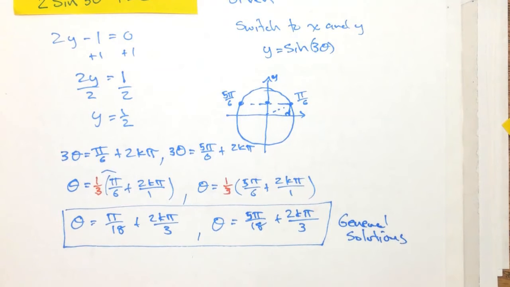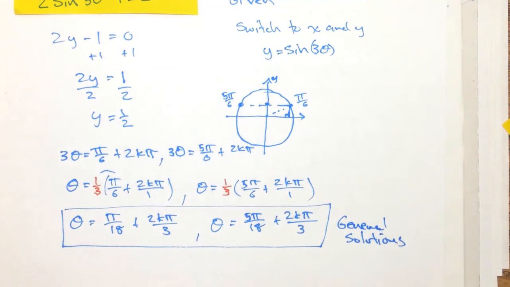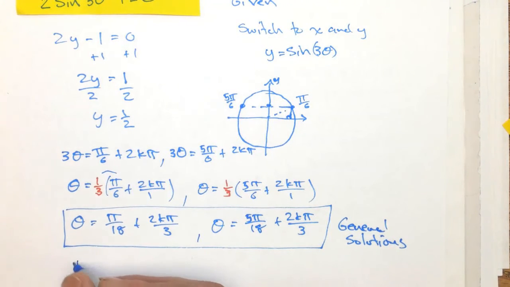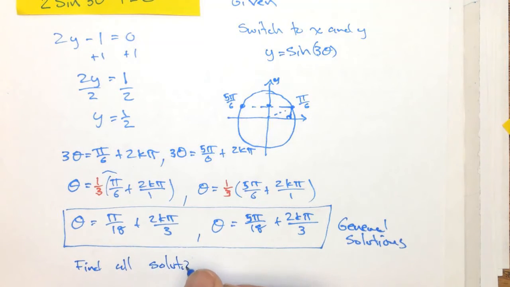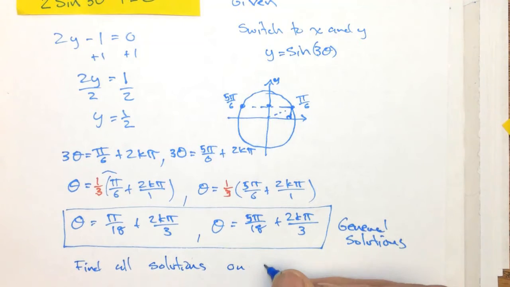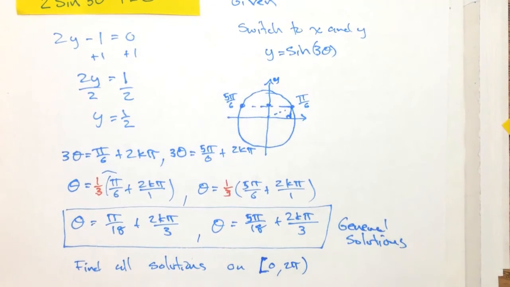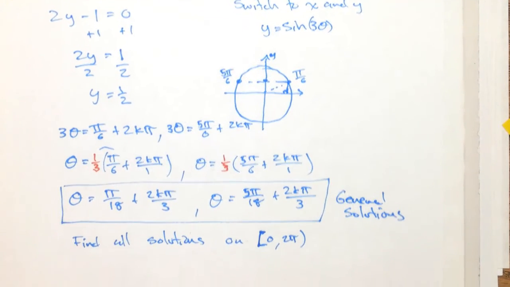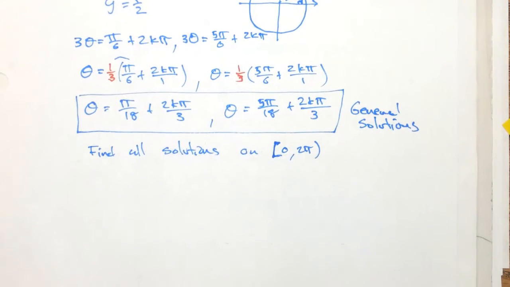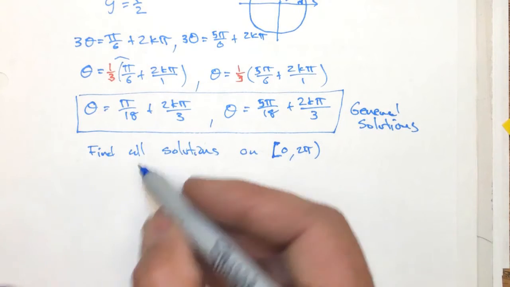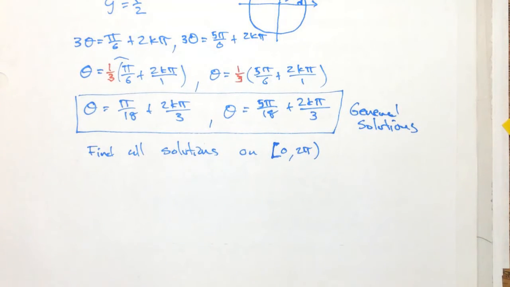So now I'm going to actually find, because the book will ask us to find all solutions on the unit circle. So that would be the interval from 0 to 2 pi. We'll include 0 but not 2 pi because 2 pi is the same as 0. Now what I'm going to do is take these solutions and generate the rest.